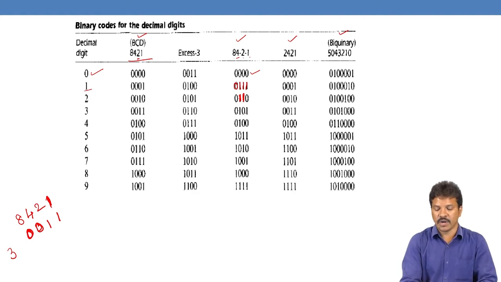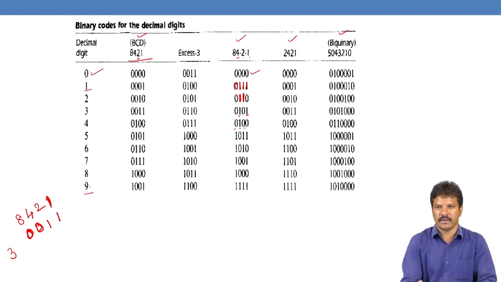3 means 0101, which is 4 minus 1. We can take the 4 and minus 1 weights. So 0101 is for 3. And 4 means directly we have a 4, so we take 0100. Likewise we go on increasing the number, with number representation based on 8 4 minus 2 minus 1.